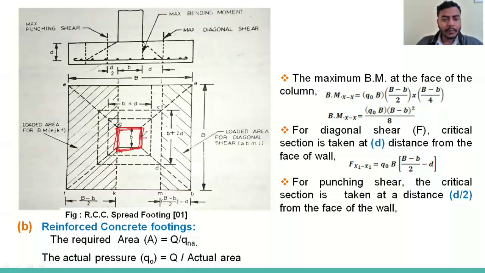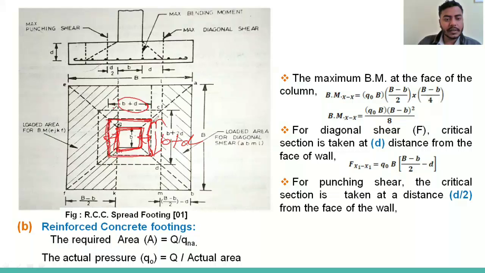So d by 2 we go in this direction, and d by 2 in this direction. So the total width will be d by 2 plus b plus d by 2, so it will be b plus d, right? On this side also there is b, because this is a square column, so it will also be b plus d.